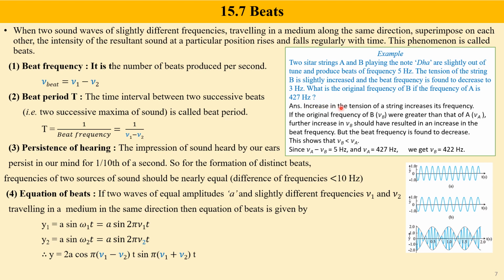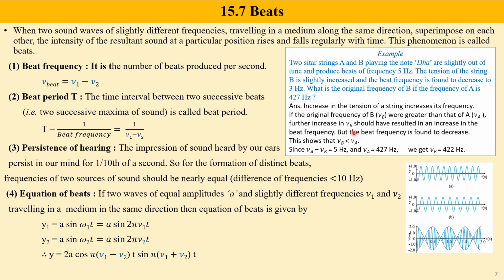The increase in the tension of the string increases the frequency. Whereas in this case, if the original frequency of B, that is nu B, were greater than that of A, that is nu B greater than nu A, further increase in nu B should have resulted in an increase in the beat frequency.